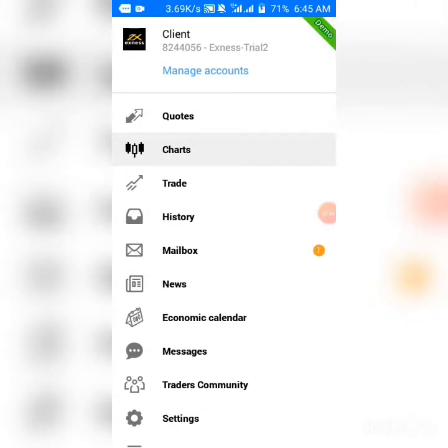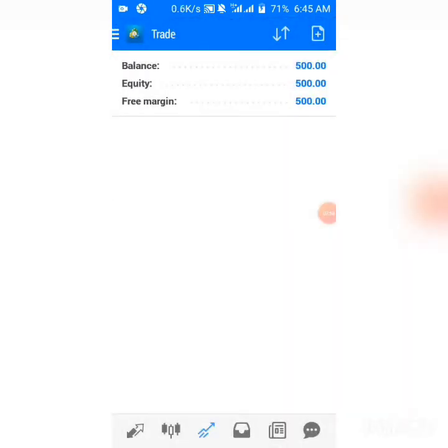For trade, trade will show you the balance. Like for this demo account, my balance is $500. The equity is $500, and the free margin is $500.